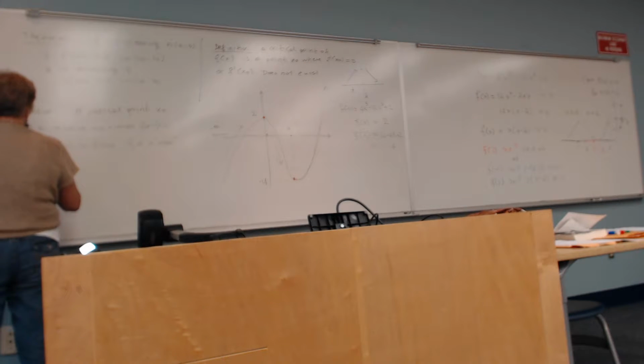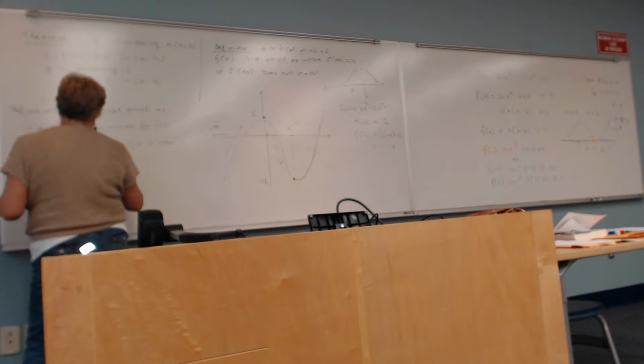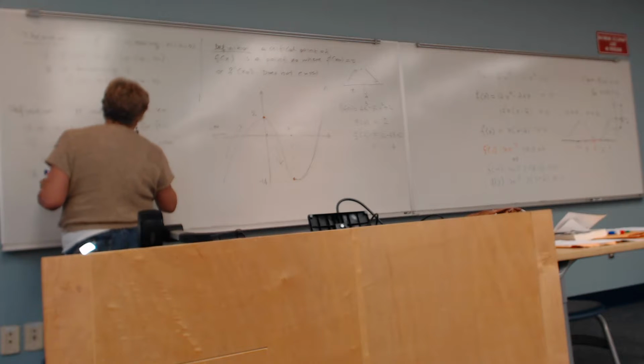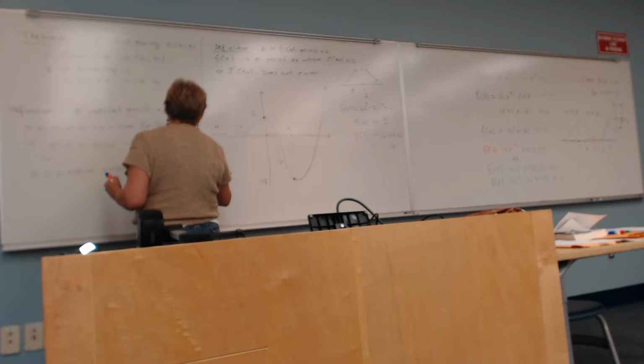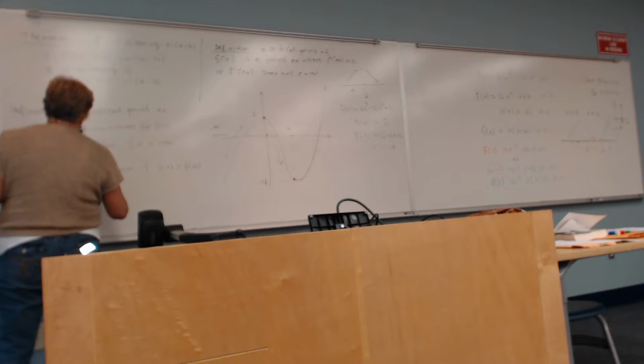It is a relative minimum if f of x is greater than or equal to f of x0 for x near x0.